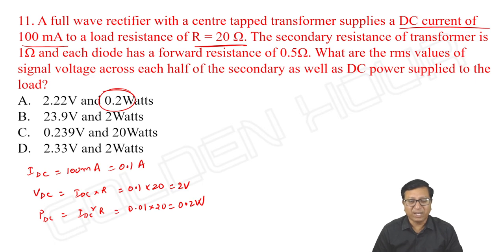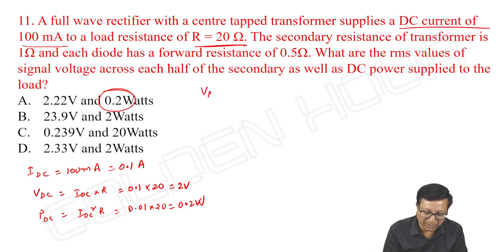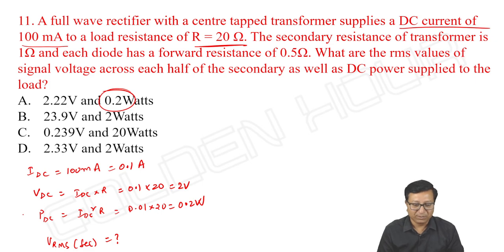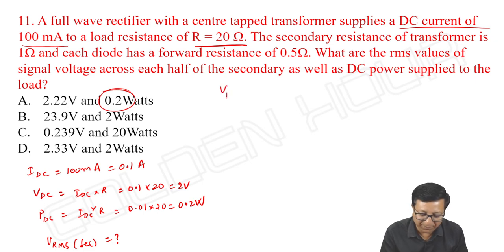Okay, so they are asking VRMS secondary, the RMS value of secondary voltage. How do we get it? First of all, what about V peak amplitude?